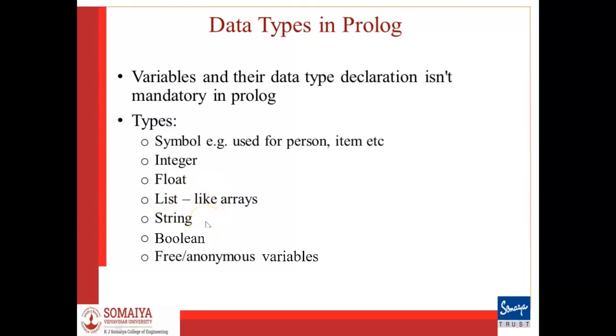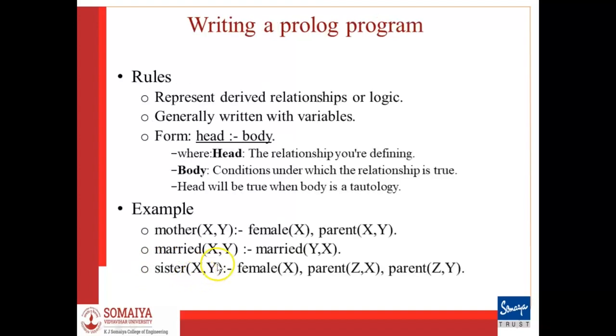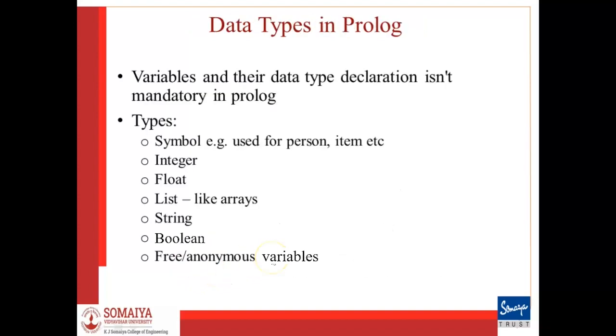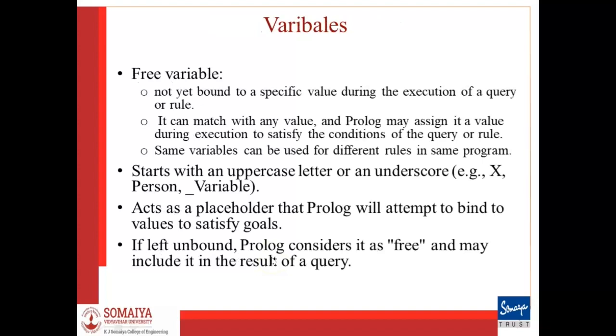String is a data type. Boolean is another data type which can take true or false as the values, and then there would be some free or anonymous variables. So in this example, X and Y are free variables, while anonymous variables would be explained in the further slides.